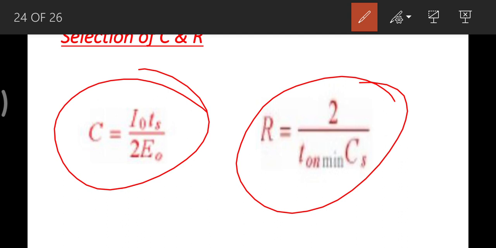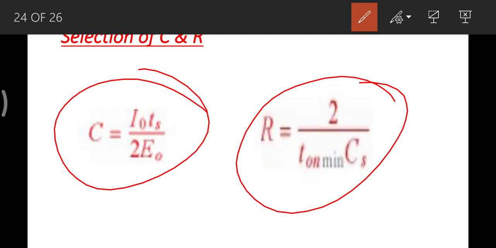C is equal to I naught Ts by 2 E naught. Here, I naught is the initial current, E naught is the initial voltage, and Ts is the fall time of the switch. By using these terms we can calculate the capacitance C.